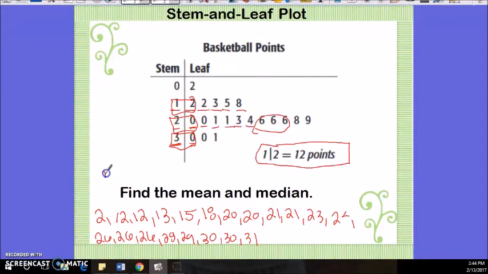So what is our mean? 21.35. Now what about our median? What's the median? 22.